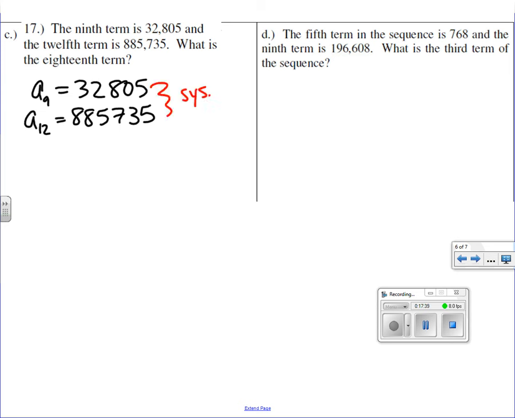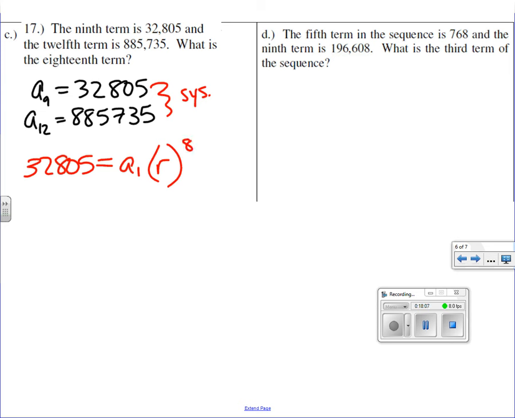So I'm going to use this formula over here because this is what we're doing, geometric. So AN, what's going in for AN? Equals, do I know A1? No. Do I know R? No. What is the N that's associated with the 32,000? 9 minus 1, which is 8.